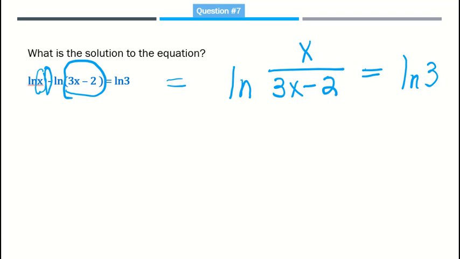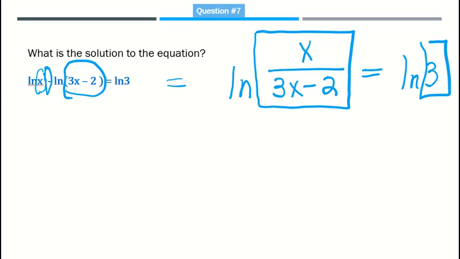Now when we have it set up like this, we can pull this out and set up an equation and solve for x. So we're going to set this up as x over 3x minus 2 is equal to 3. And then simply solve for x.